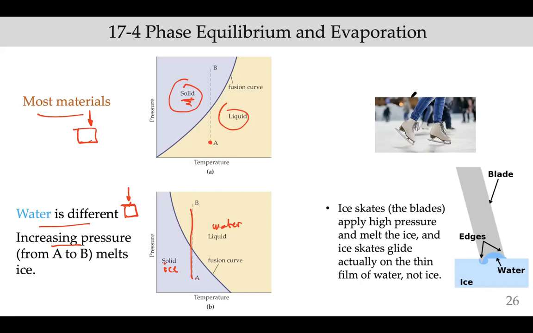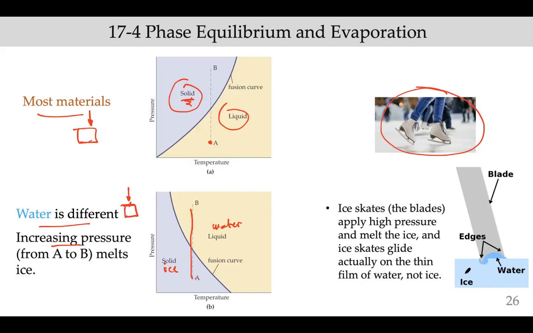And this is actually what makes ice skating possible. If water was just like most materials, the blades of the skates, the blades are like this, so they are actually putting pressure on the material. If it was just like most materials, it would not melt.